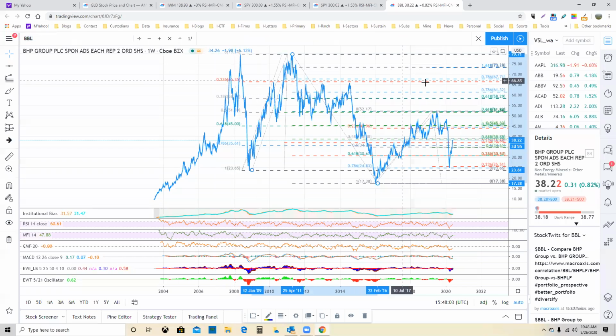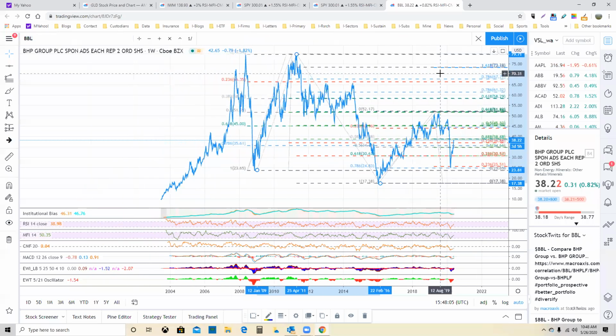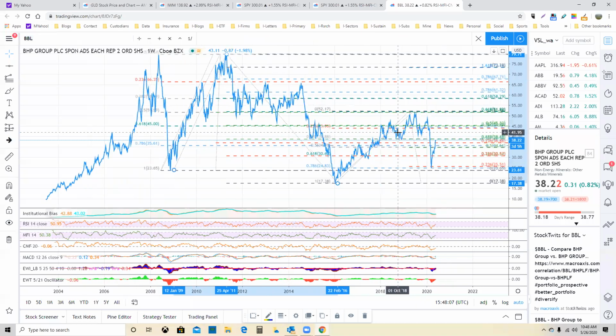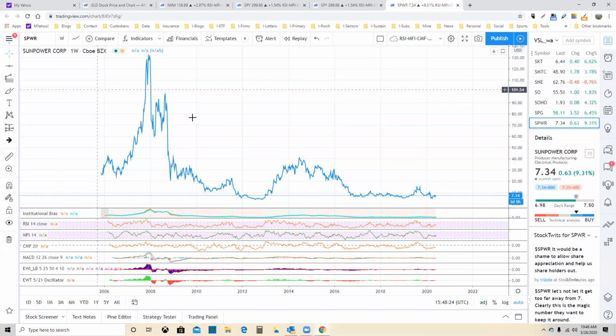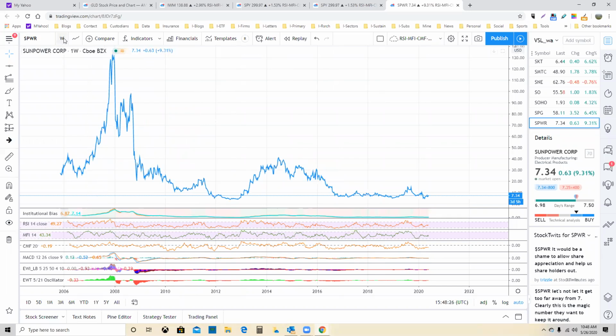Let me save this. Power. Yeah, we haven't played with this chart in a while, have we? Clearly, it's a long-term bottom.